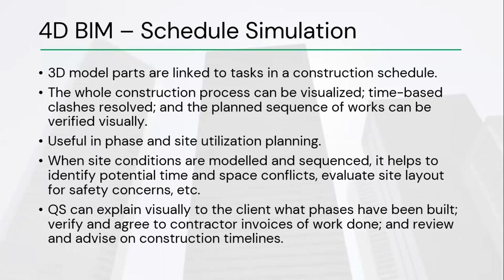Maybe there were items in your construction schedule that, if you're looking at it from the text-based version, you're not able to see. Maybe you had scheduled your first floor slabs to be constructed earlier than the columns and the beams.